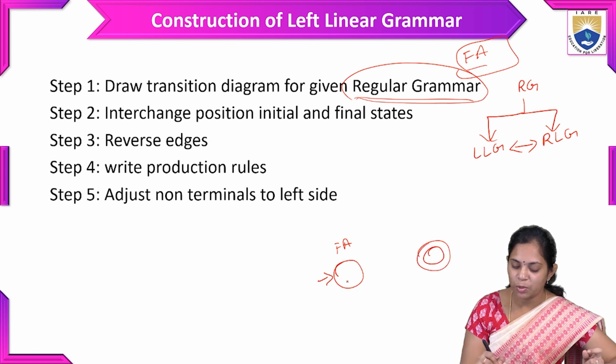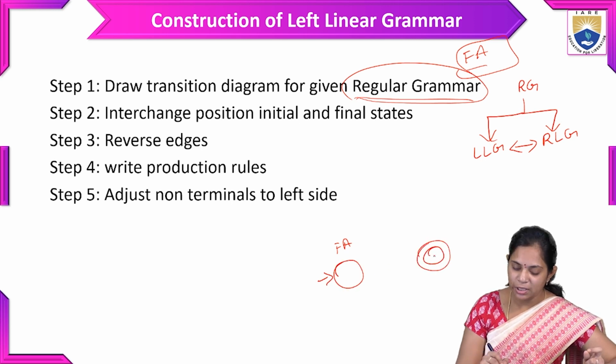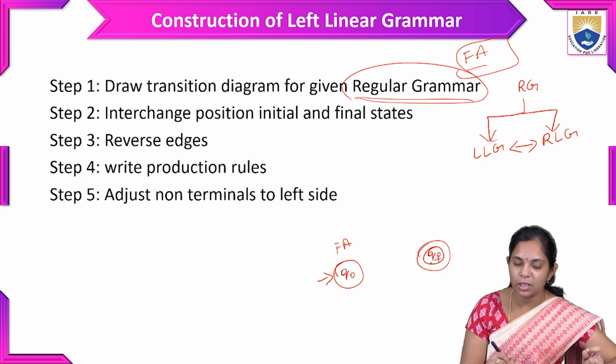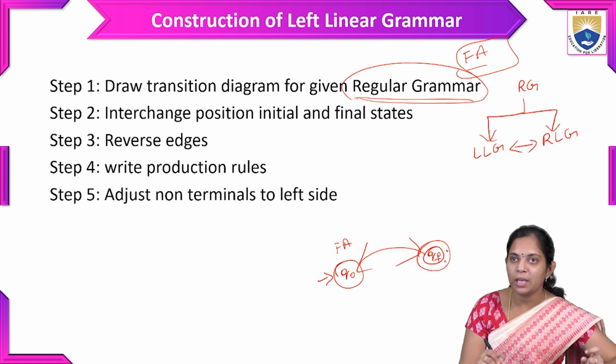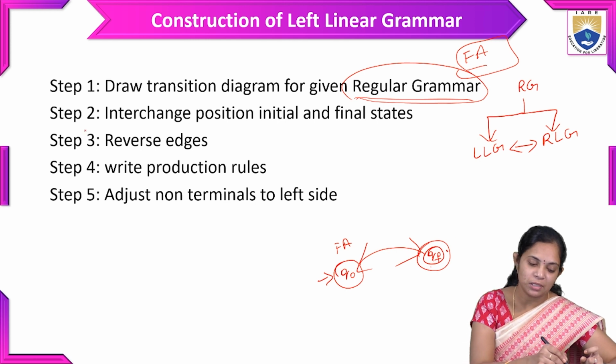The final state is represented with a double circle, the initial state is Q naught, and QF is the final state. So we have to change these positions. Here the final state is here and the starting state is here. We have to interchange the position of initial and final states in step 2.